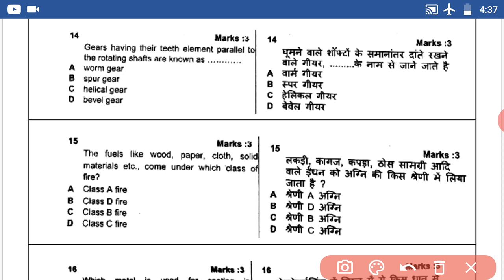Gears having the teeth elements parallel to the rotating shaft are known as dash. This question's answer: spur gear. Answer B.